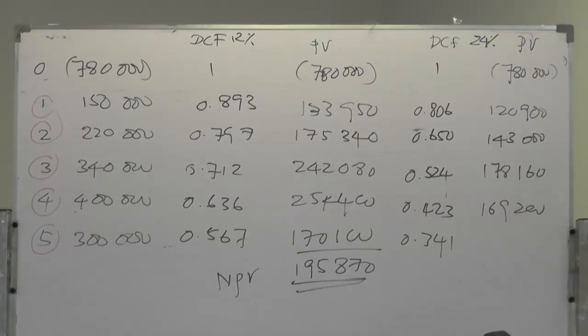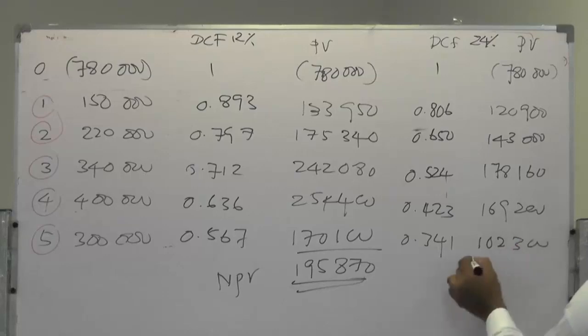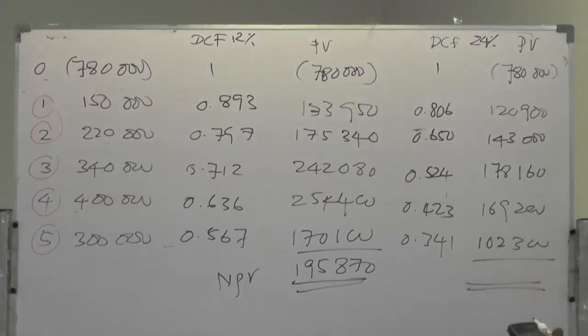And finally 300,000 into 0.341 is 102,300. Let's see the present value.